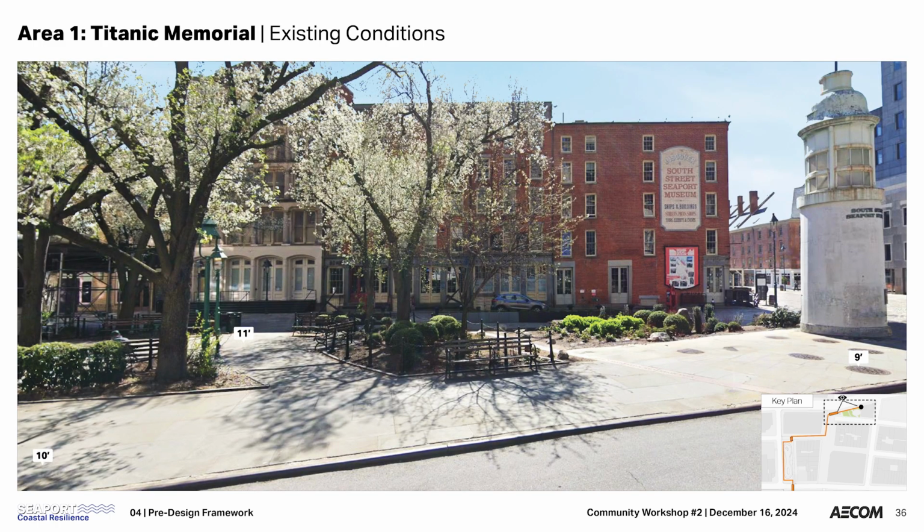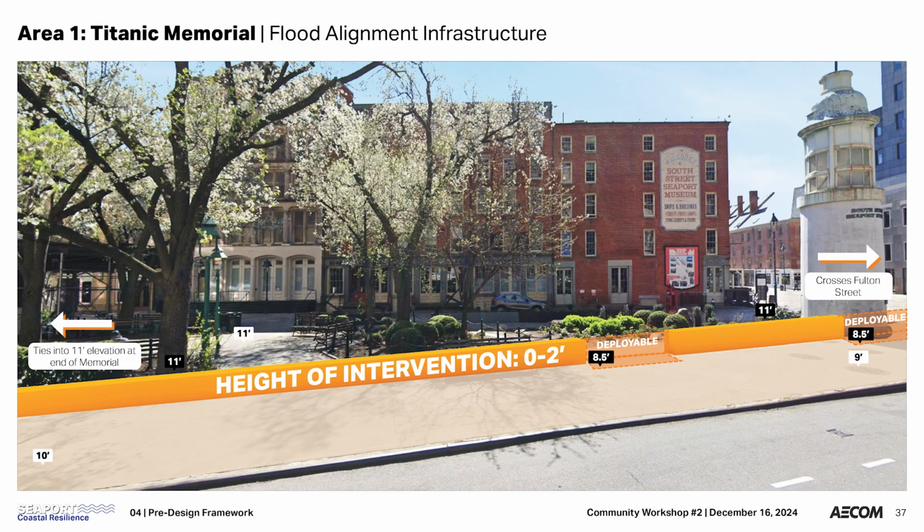So for the Titanic Memorial, here's what we more or less have as an existing condition. There's a lot to keep in mind. We've had a lot of conversations about access, about history, about universality, about planting and all of those things. And what we've come up with is an alignment that doesn't impede any of these beautiful moments that you experience on the Titanic Memorial, and allows for porosity in circulation where we have a small deployable.